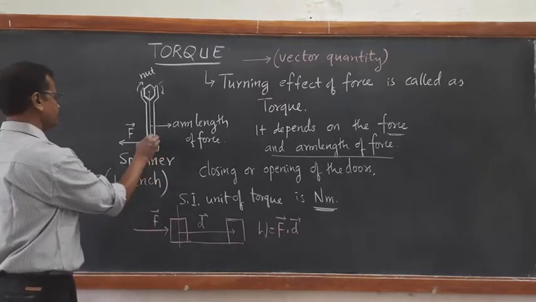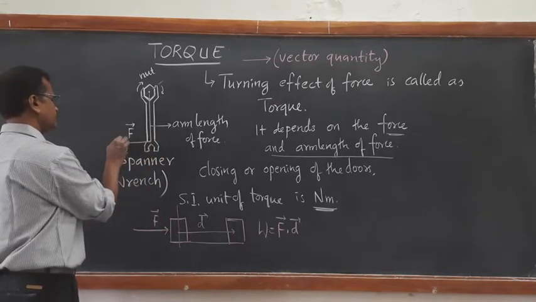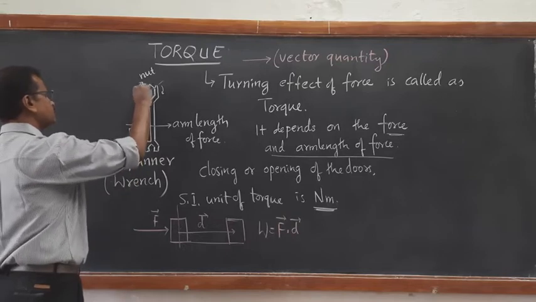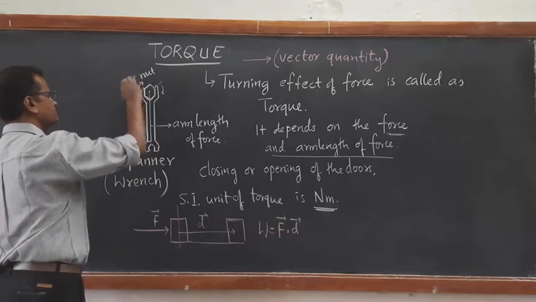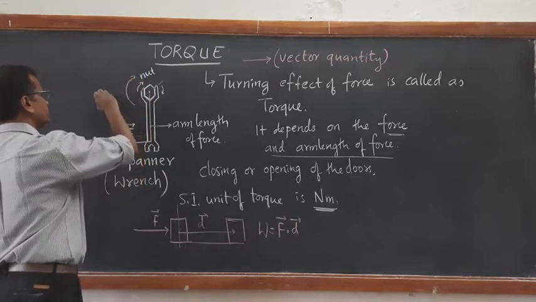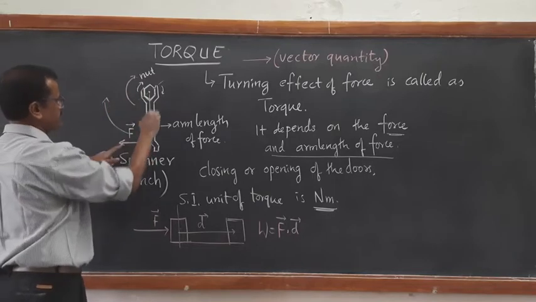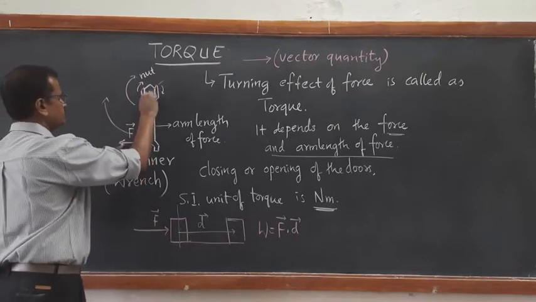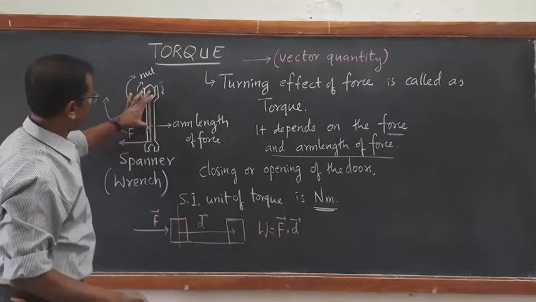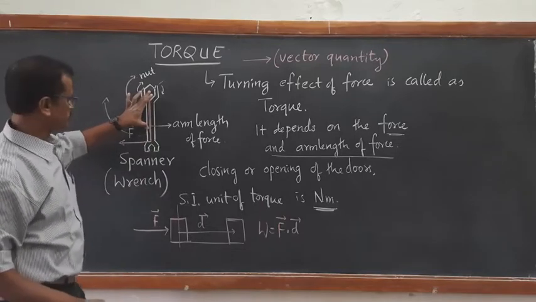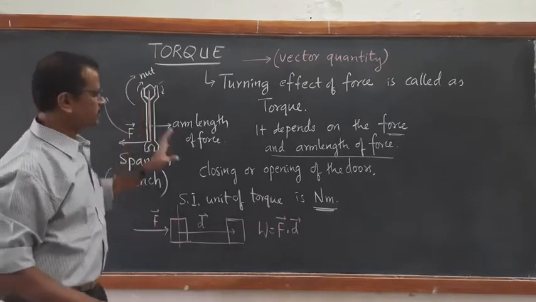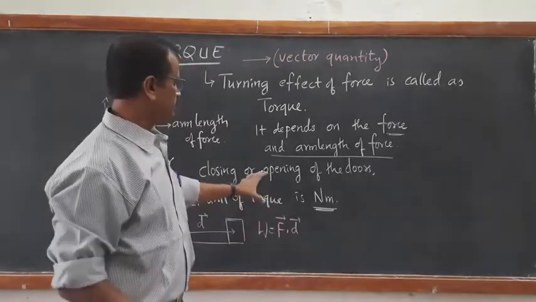Here it is different. Here you are applying force in one direction. It is tending to rotate the object. So this entire effect of force and distance from the axis of rotation, this product gives us torque.